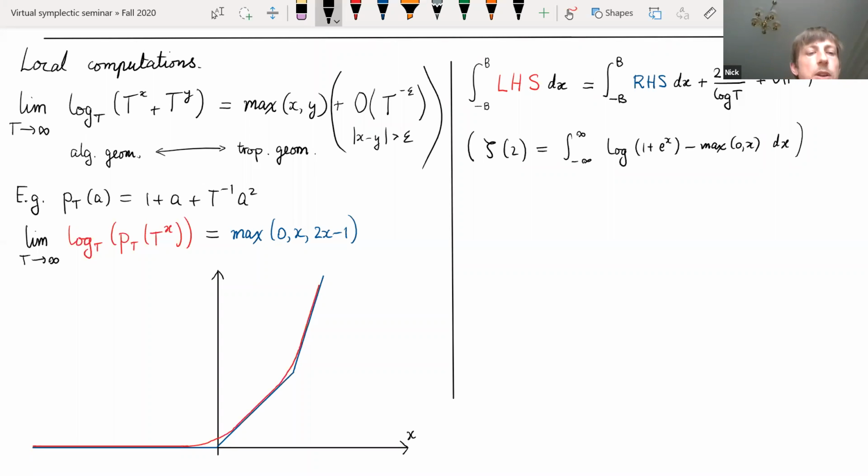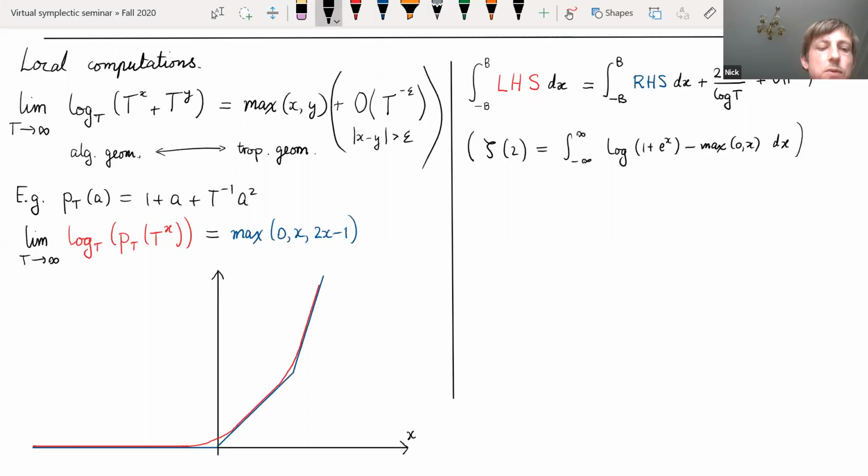So as an example of that, we consider this t-dependent polynomial in A, 1 plus A plus t inverse A squared. This Maslov dequantization says that the limit of the log of the polynomial applied to t to the x is equal to something piecewise linear, the max of 0, x, and 2x minus 1.